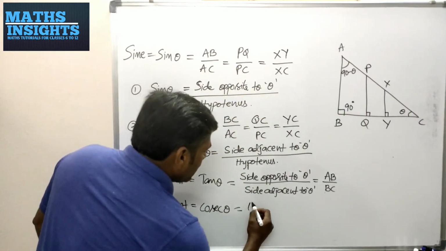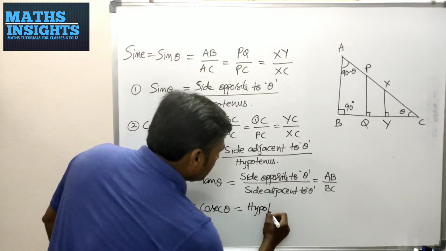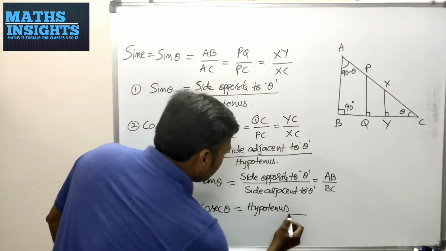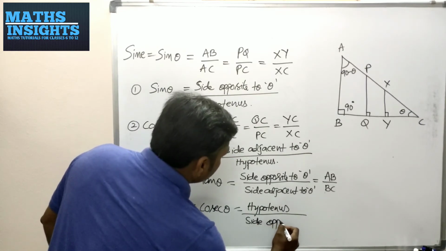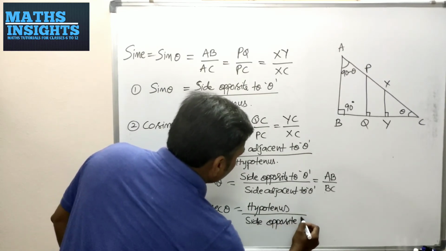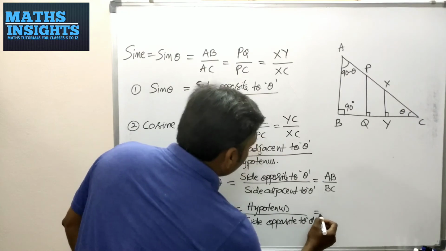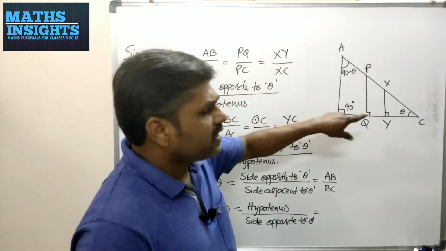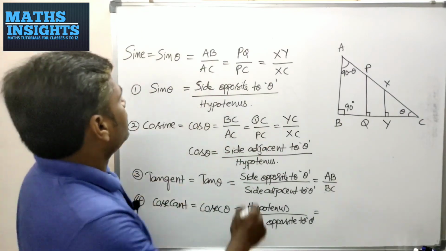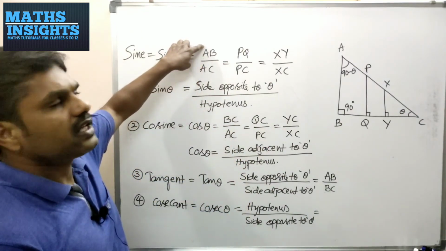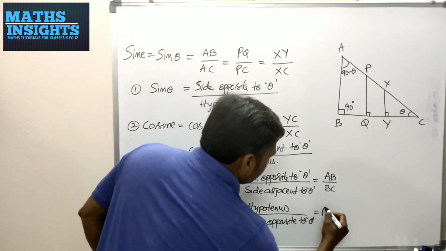That means hypotenuse by the side opposite to theta. So if you take triangle ABC, it will become the reciprocal of this. See, AC by AB.